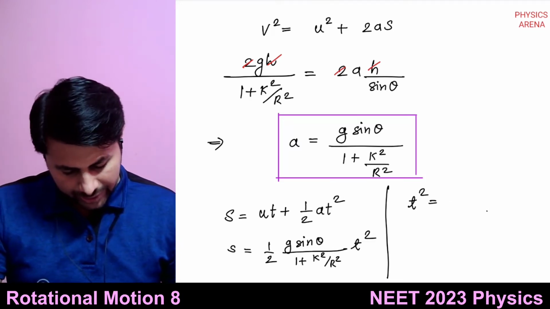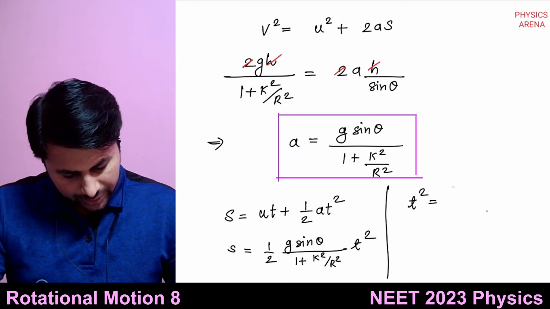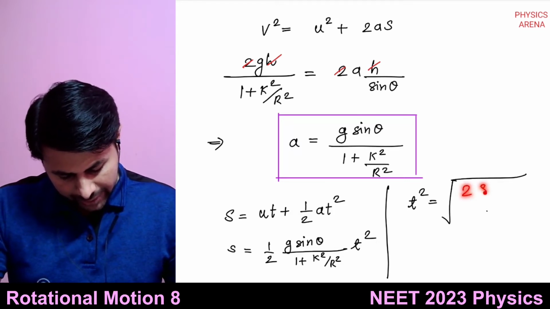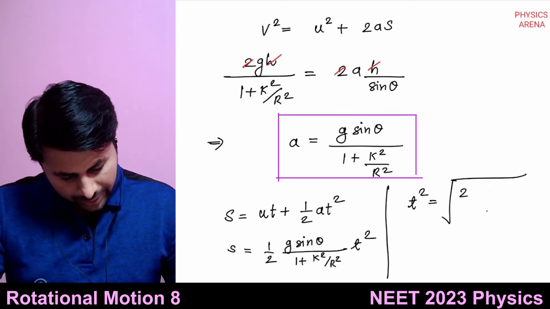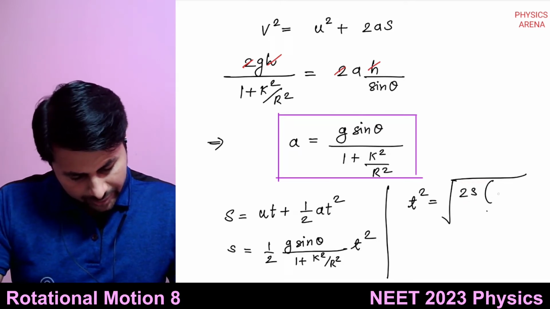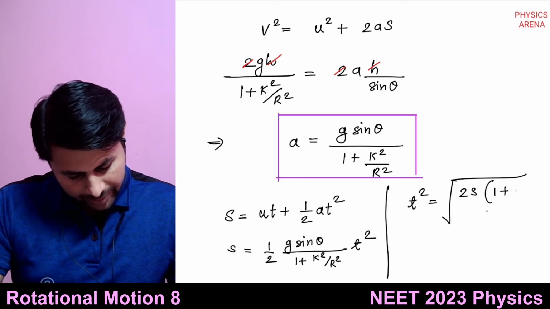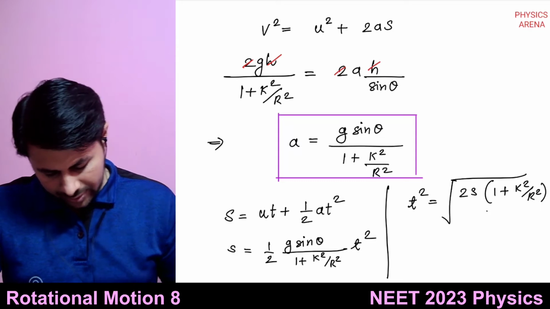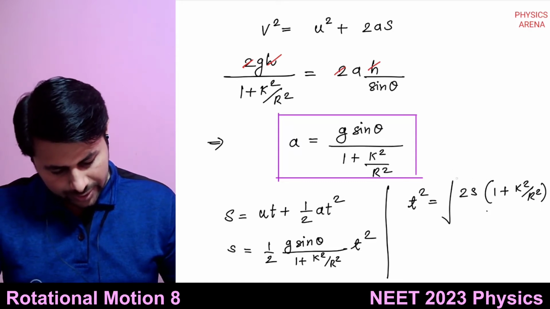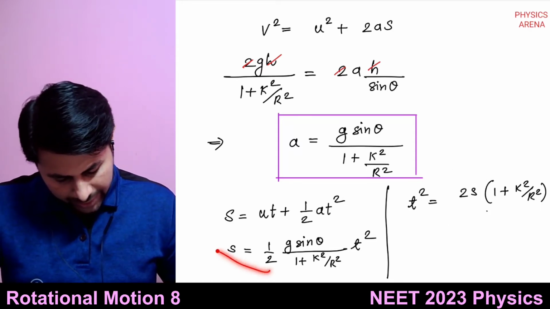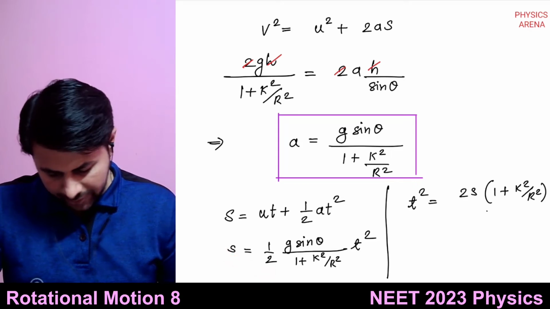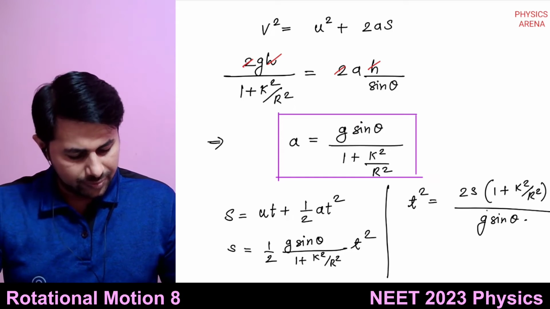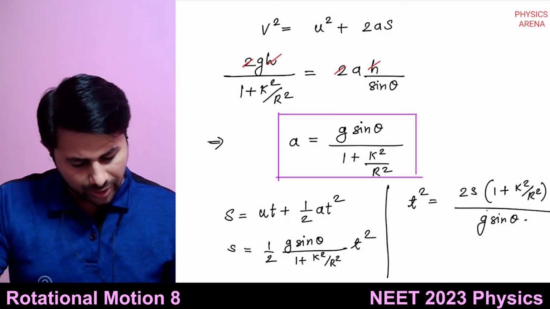So what will be t square? It is 2 times s multiplied by 1 plus k square by r square, and divided by g sine theta.